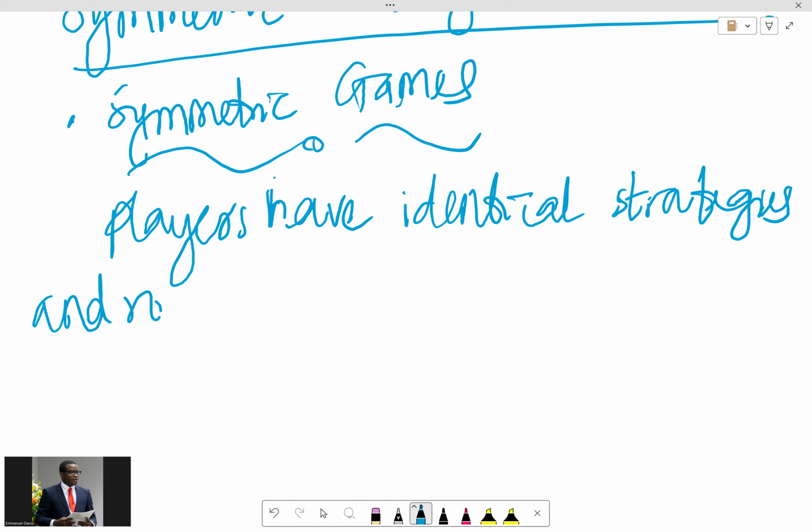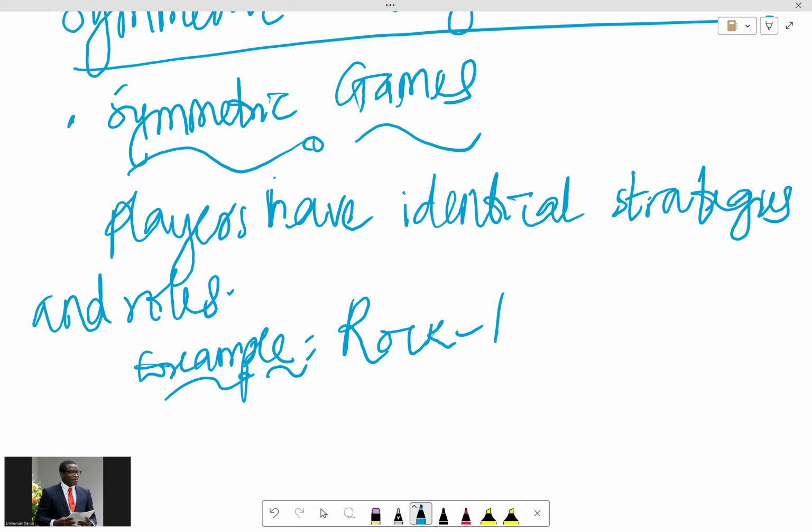A good example of that would be rock, paper, scissors. Everybody's expected to come up with a rock or a paper or a scissors in each round of the game. That's a symmetric game. Everybody knows what is expected of everybody, and it's the same. They're identical.